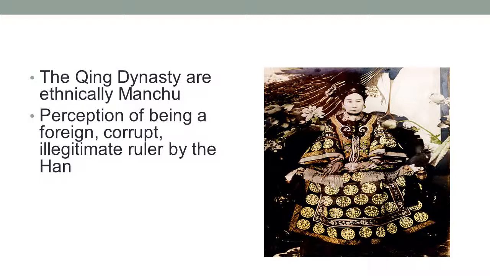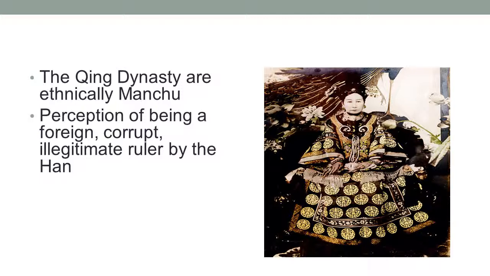And one of the things that they seized upon as being a really important symbol as to why they are unable to deal with this is that they are ethnically Manchu, whereas the vast majority of Chinese are ethnically Han.